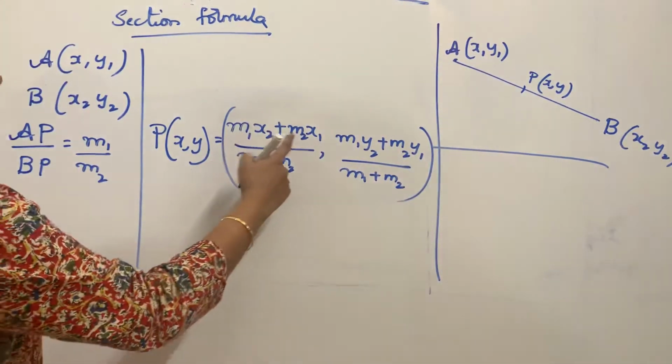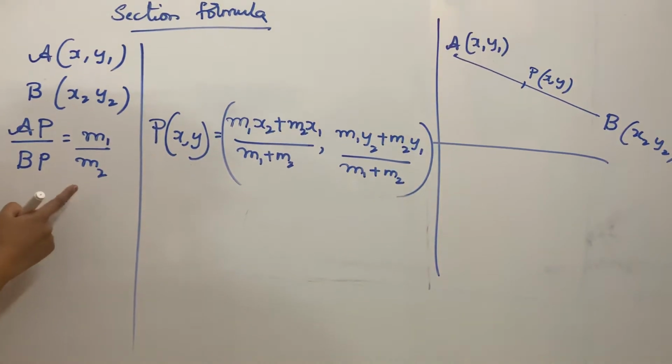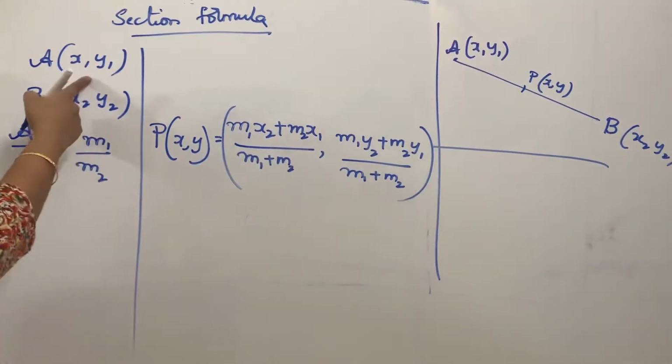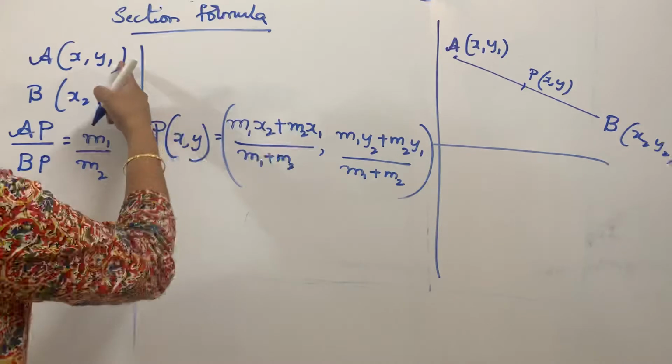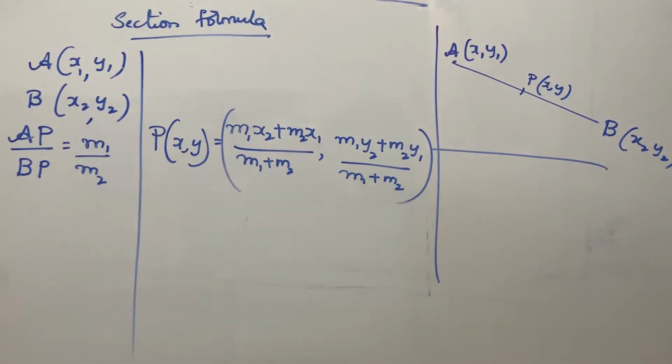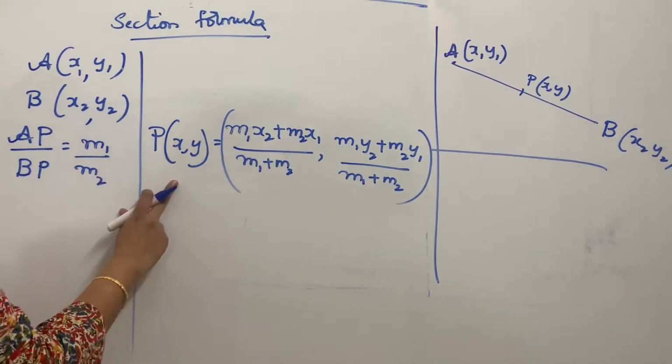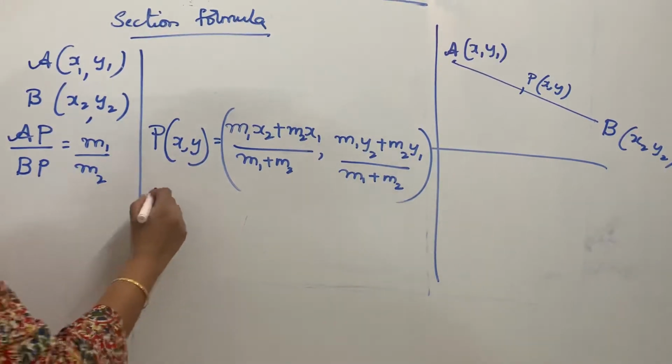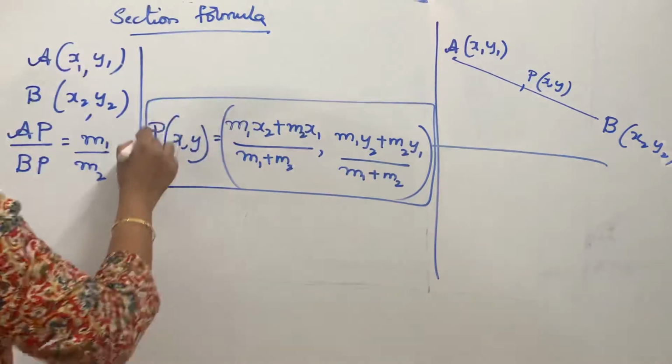Now what is this m1 m2? It's a ratio. x1, x2 are the coordinates, and y1, y2 are the coordinates of A and B respectively. Okay. Now if you know this information, we can find the coordinates of point P (x, y). So this is called as the section formula.